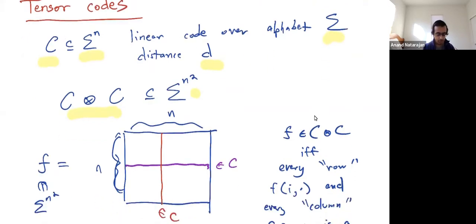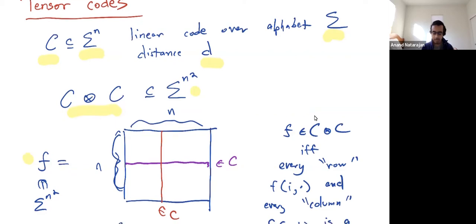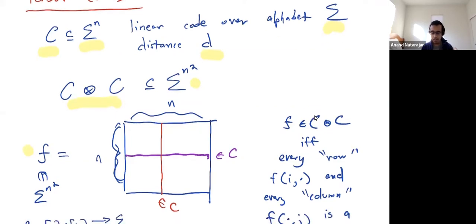Well, here's how it goes. Say I have some f that's in sigma to the n squared. I'm going to write this as an n by n array, because I have n squared elements in total. And I'll say that f is an element of C tensor C if and only if every row of this array and every column of this array form a code word of C. Could be a different one for each row and for each column.